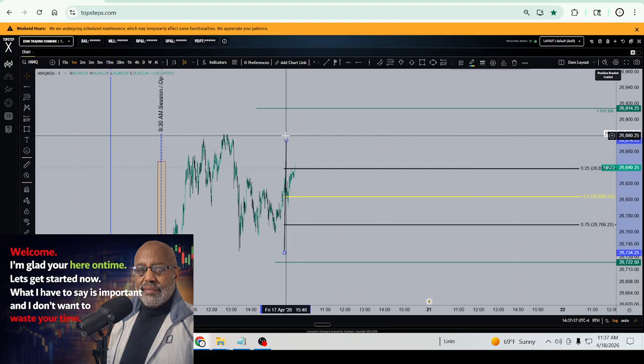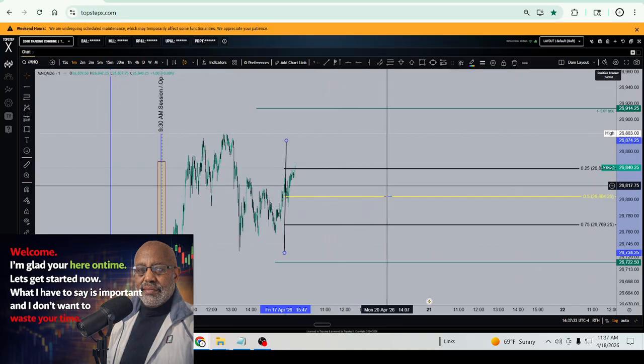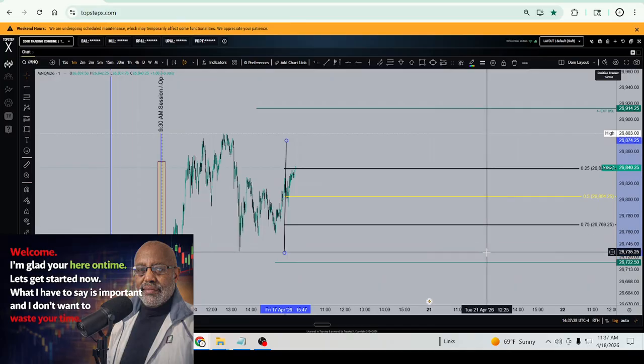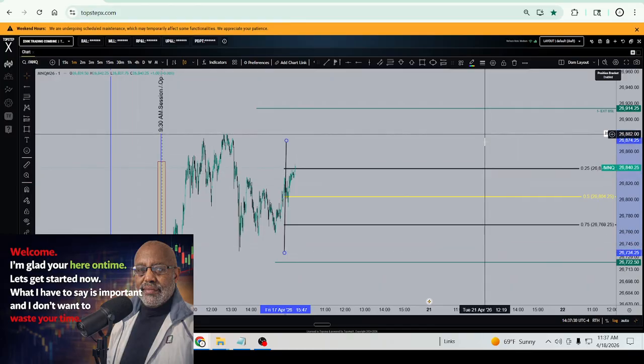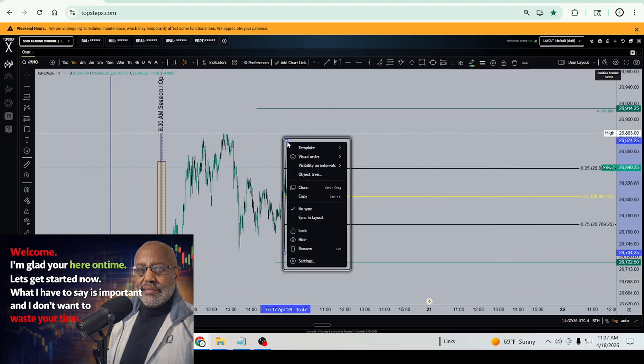I have only an interest in a ranging market, and this one tells me I should place a limit buy order here, anywhere below here if it's a ranging market, and a sell order anywhere in this area. And I can use it for any other items too.